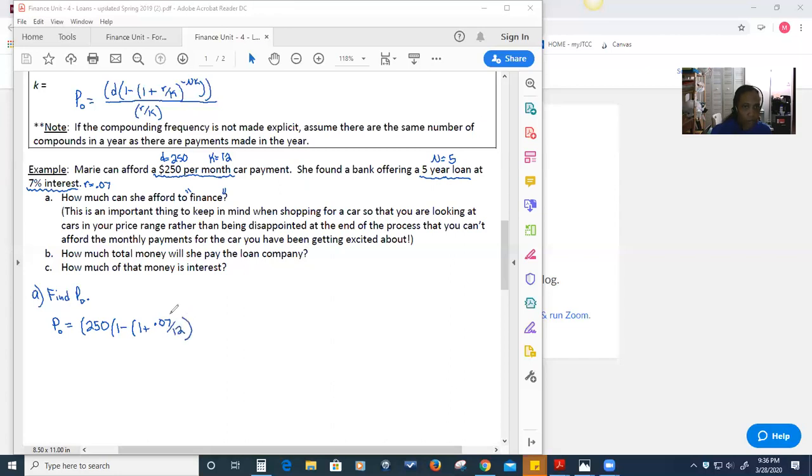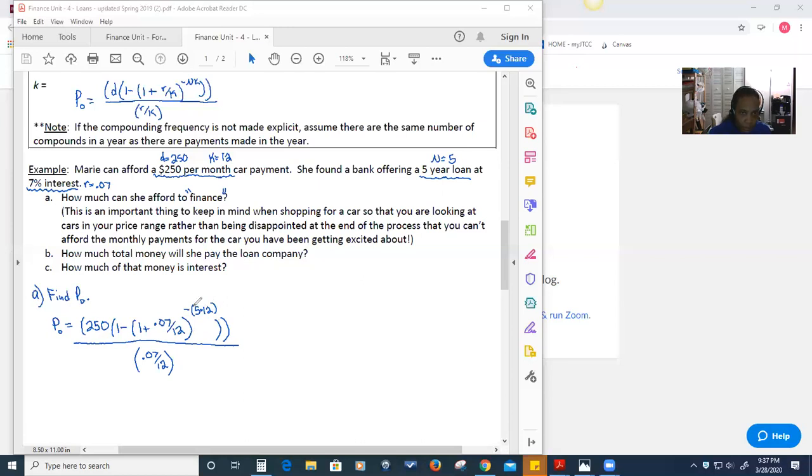Close parenthesis. To the power of negative N times K, that's negative 5 times 12. Close parenthesis, close parenthesis. All divided by, and then on the bottom, parenthesis, R over K is 0.07 over 12. All right? Now, again, you're just punching this in the same way you did for the payout annuity.